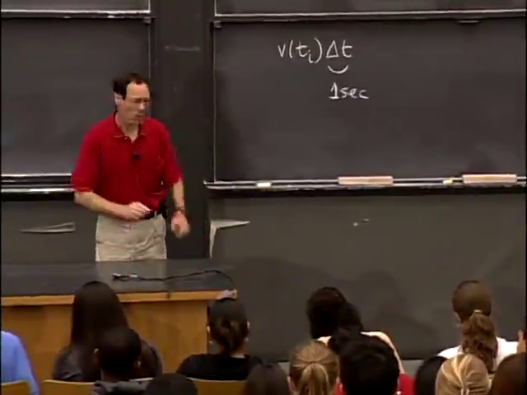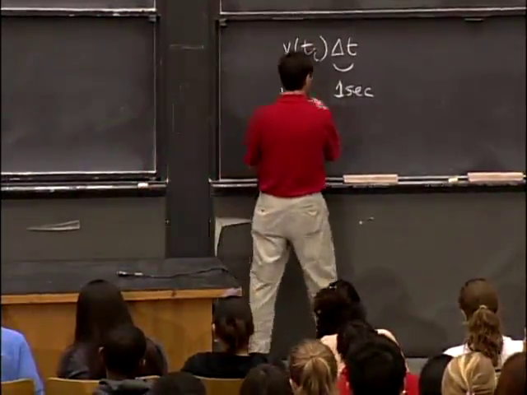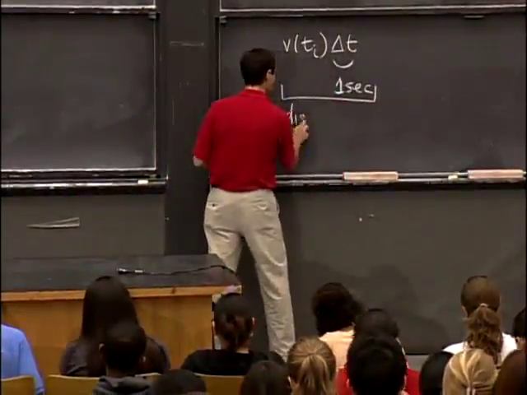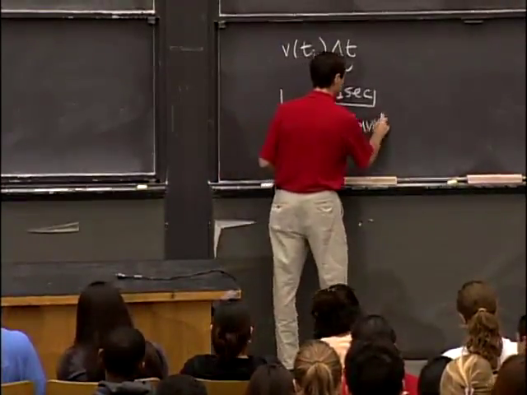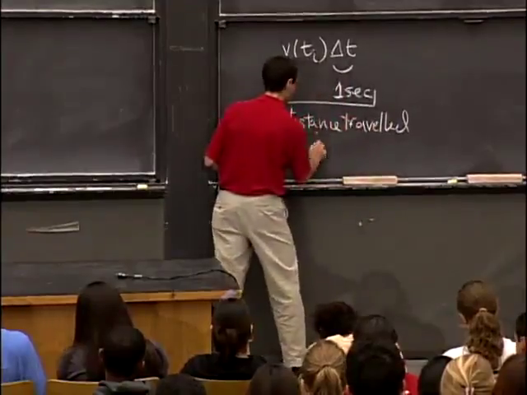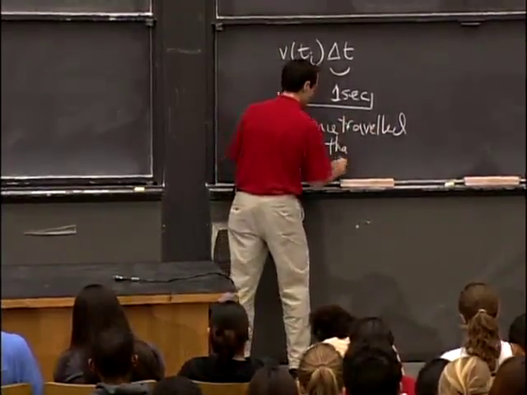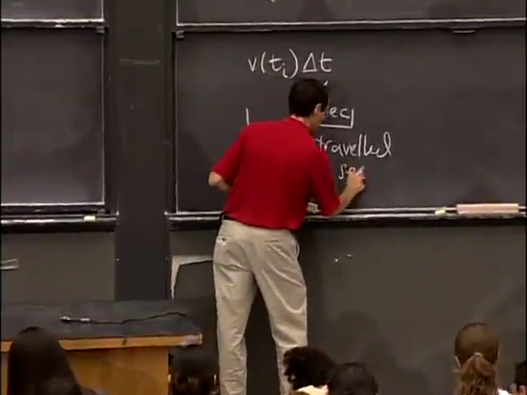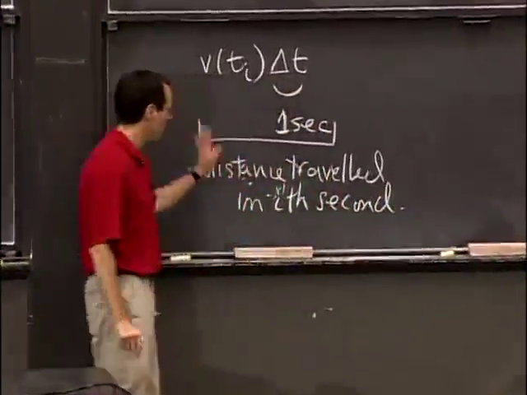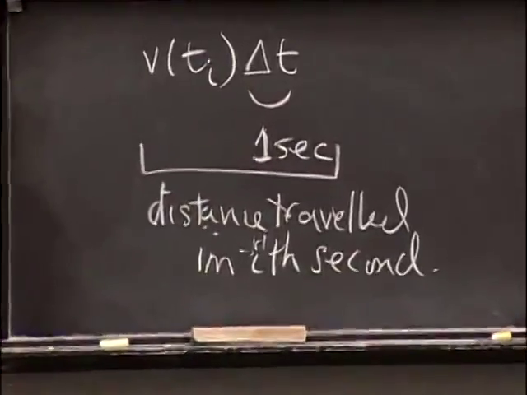So this is how far you went. So this is the time interval, and this is the distance traveled in second number i, in the ith second.